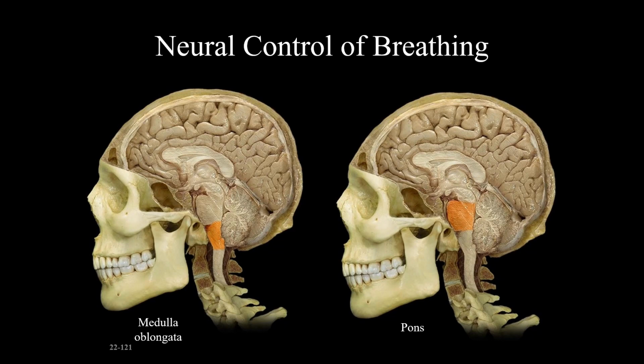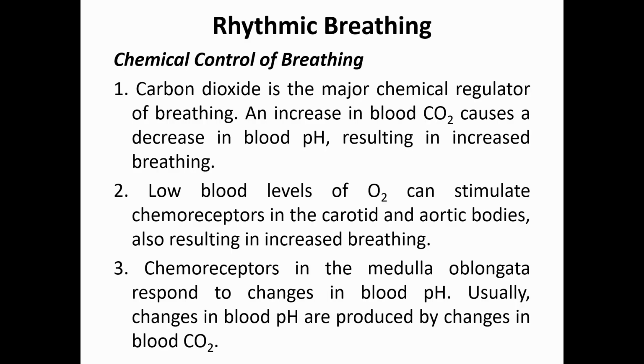Okay, so these are the neuronal control of breathing. So you have your medulla oblongata and your pons in your brainstem. For the chemical control of breathing, carbon dioxide is the major chemical regulator of breathing. An increase in blood concentrations of carbon dioxide causes a decrease in blood pH, meaning a more acidic blood, resulting in increased breathing. Low levels of oxygen can also stimulate chemoreceptors in the carotid and aortic bodies, also resulting in increased breathing.